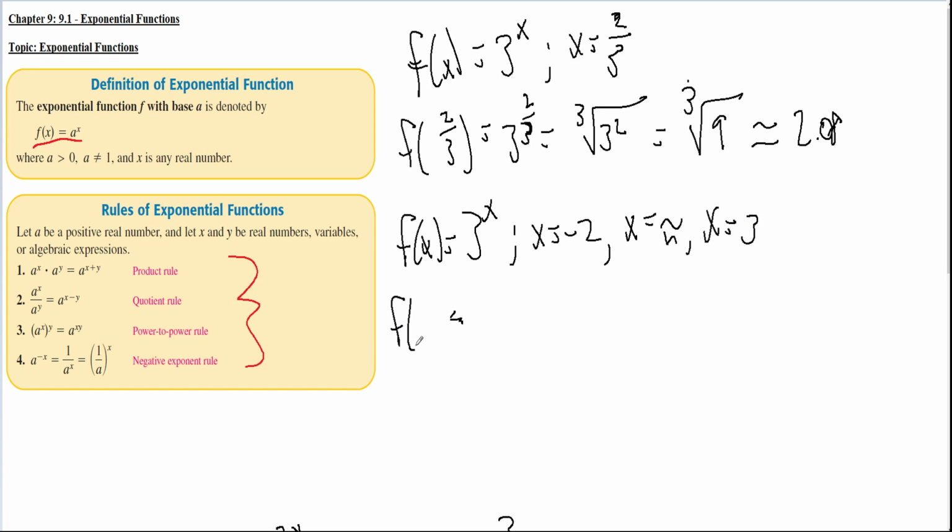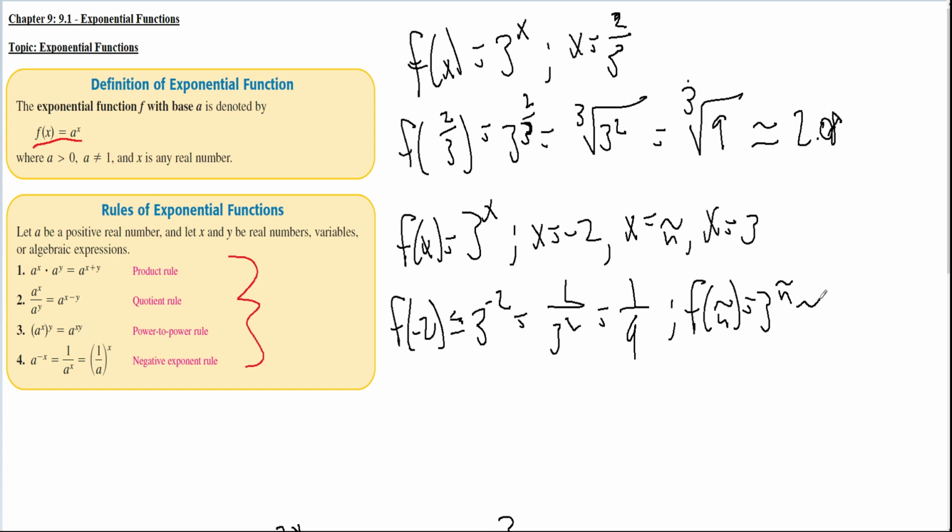For the first one, we have f of -2, which is 3 raised to the -2 power, and that's really 1 over 3 squared, which is 1/9. Here we have f of pi, which is 3 raised to the pi power, and that's approximately 31.544. And finally, we have f of 3, which is 3 cubed, and that's 27.